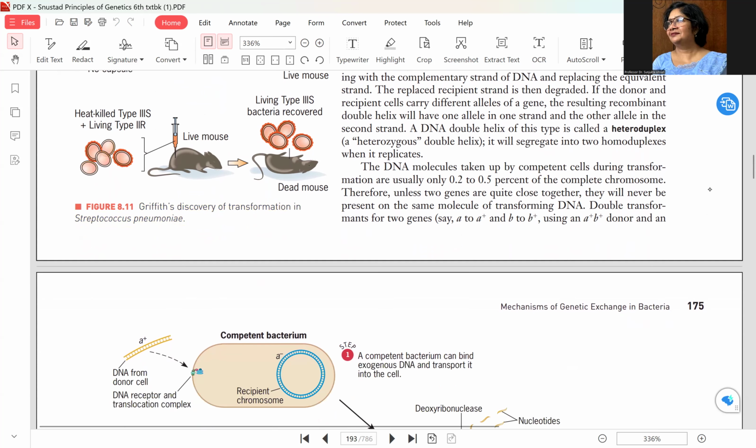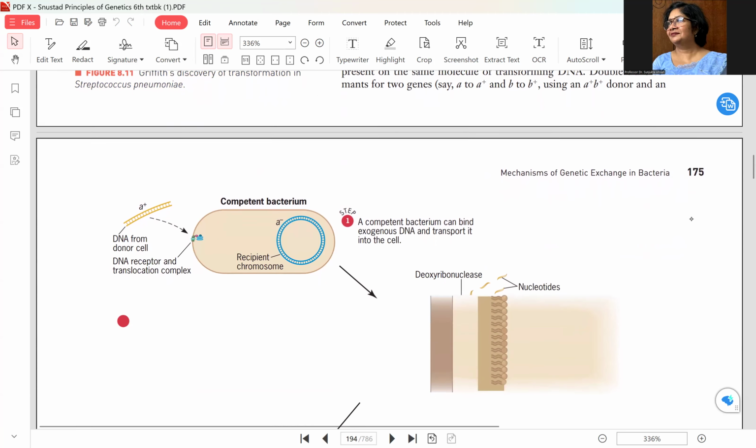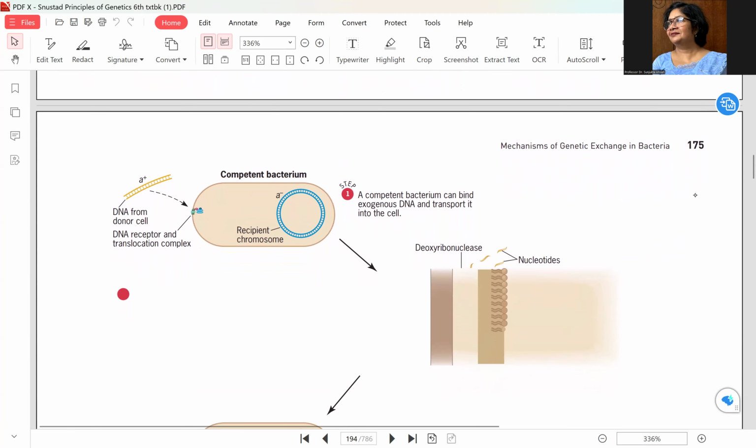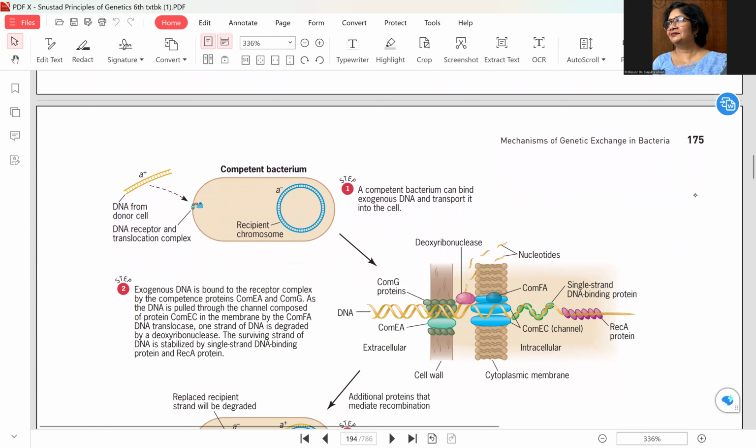The fate of the DNA which enters into the cell determines the fate of the bacterial cell, because if the DNA which enters into the cell finds a homologous sequence, then only it will become integrated into the bacterial chromosome.